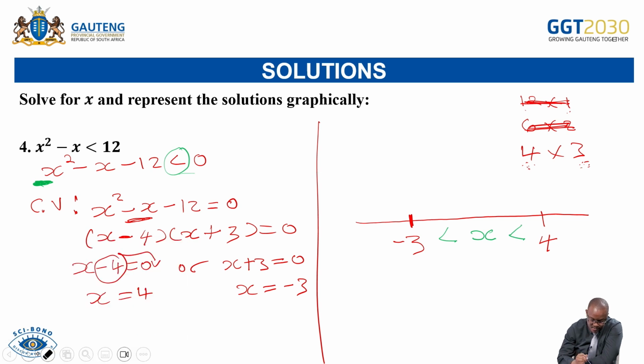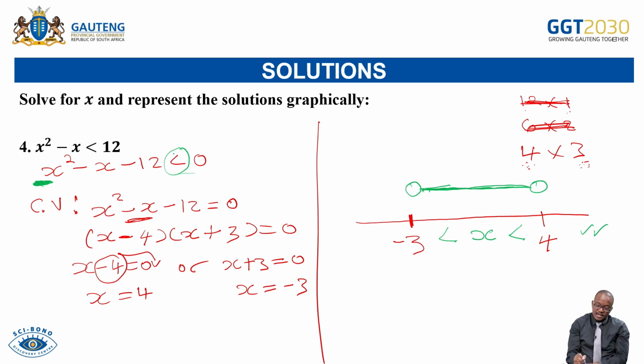So that's how you get your solution. Then representing it graphically, remember x is greater than -3 and x is less than 4. So we're talking about negative numbers there, correct? Because less than, it means you must look into the negative numbers there.